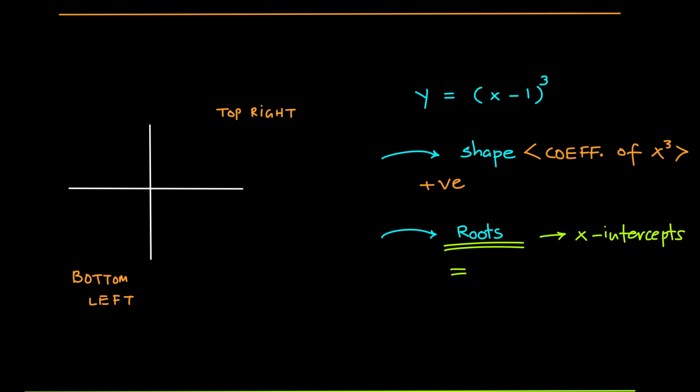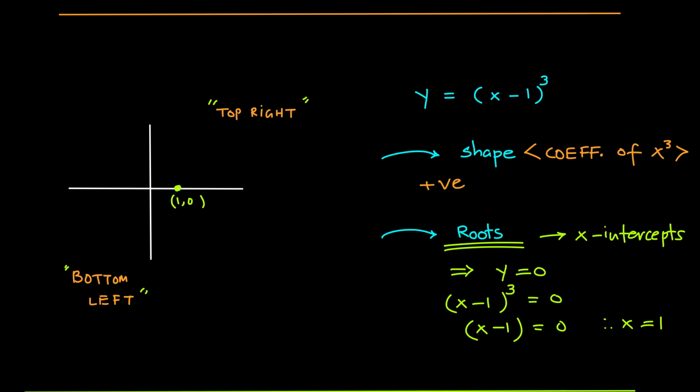This is where the graph cuts the x-axis, therefore the y coordinate is 0. (x minus 1) cubed equals 0, x minus 1 equals 0, therefore x equals 1. That means the graph will start from top right, go till bottom left, and pass through the point (1, 0), which is the x-intercept, and that's how the graph is drawn.